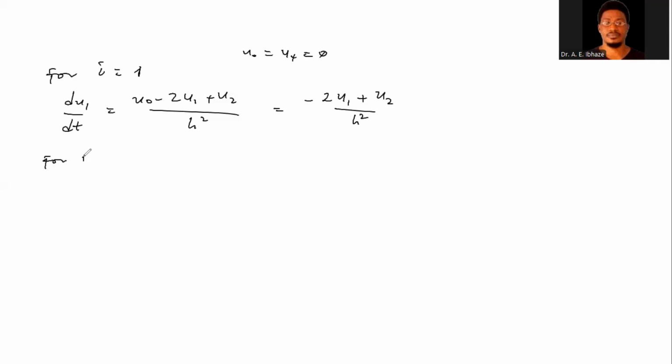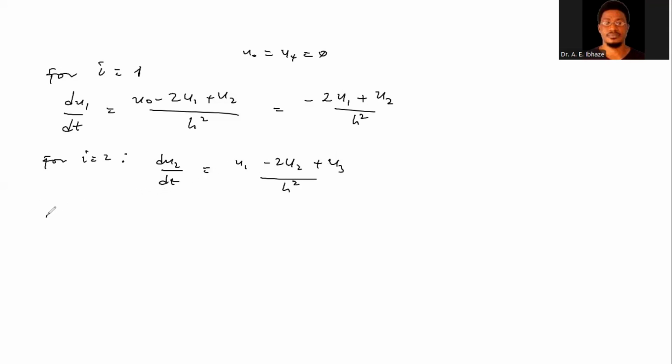Now, also for i being the same as 2, we now have du2 over dt will be the same as u1 minus 2u2 plus u3 over h squared. Okay?